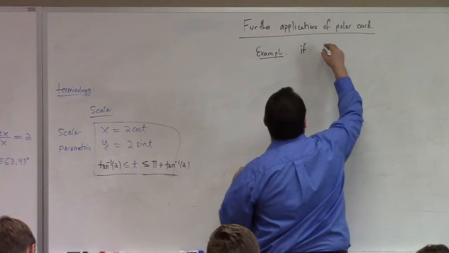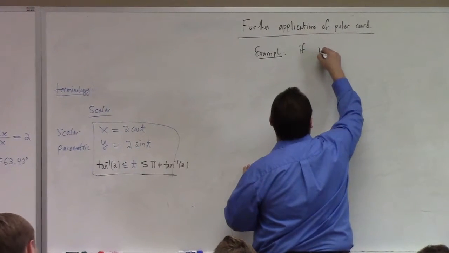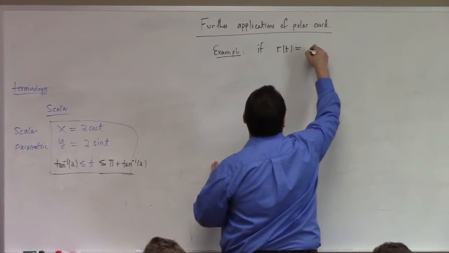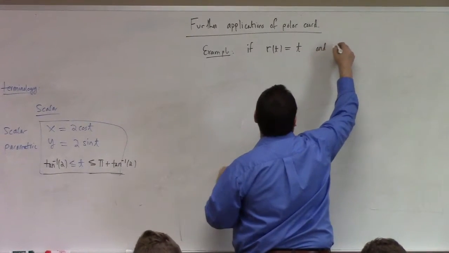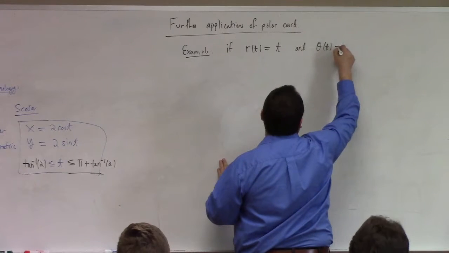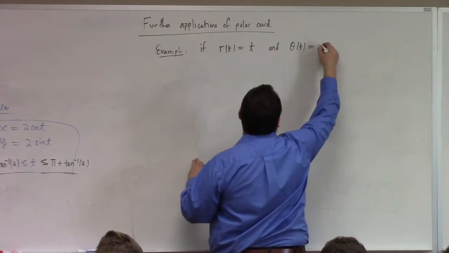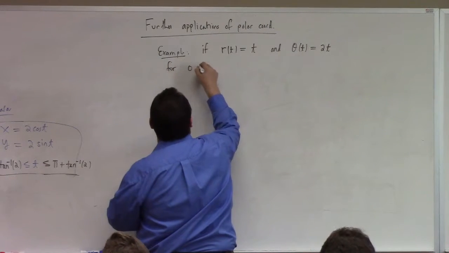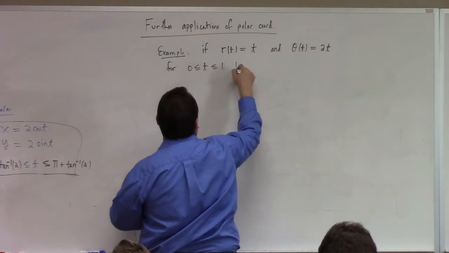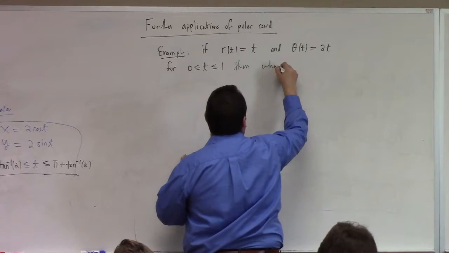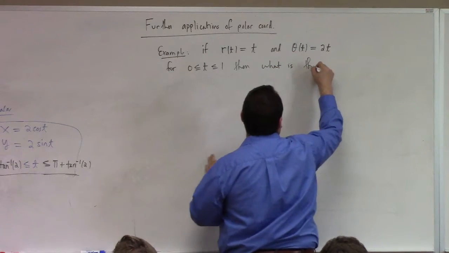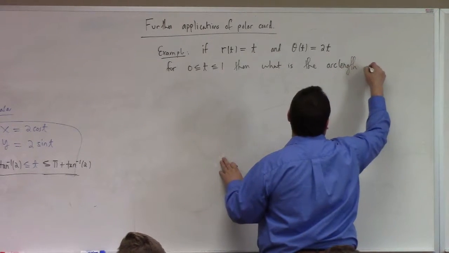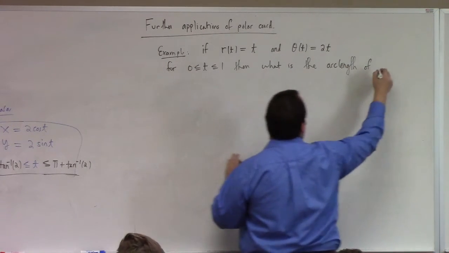If we have r as a function of time equal to t, and theta as a function of time equal to, let's say, 2t, for 0 less than or equal to t less than or equal to 1, then what is the arc length of this curve, of the path, let's say?